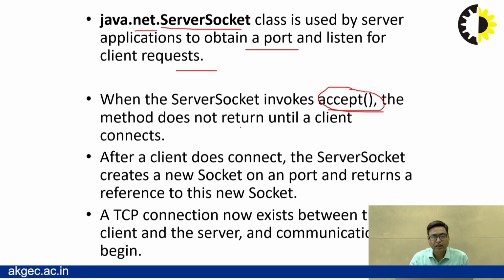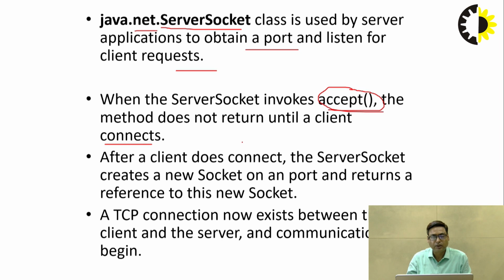When the client is connected, it returns, and communication between server and client is established. After the client connects, the ServerSocket creates a new socket on a port and returns a reference to the new socket. So when the socket is connected from the client to the server, the communication will start.